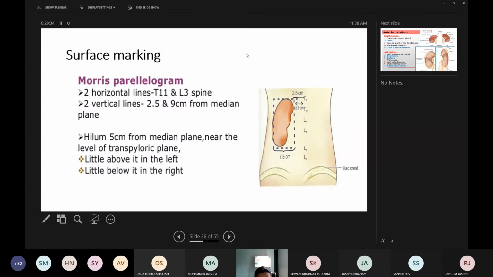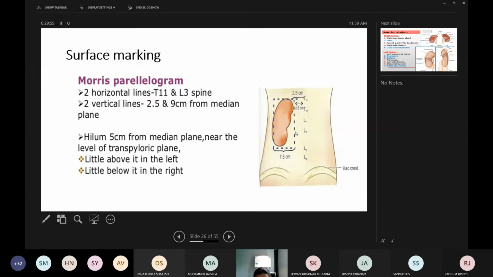Kidneys we can expose by drawing Morris parallelogram. This is drawn by two horizontal lines and two vertical lines. Of the two horizontal lines, the upper one is at the level of the spine of T11. The lower horizontal line is at the level of the L3 spine.